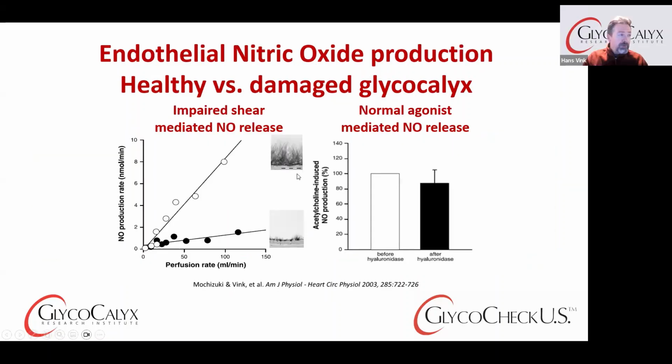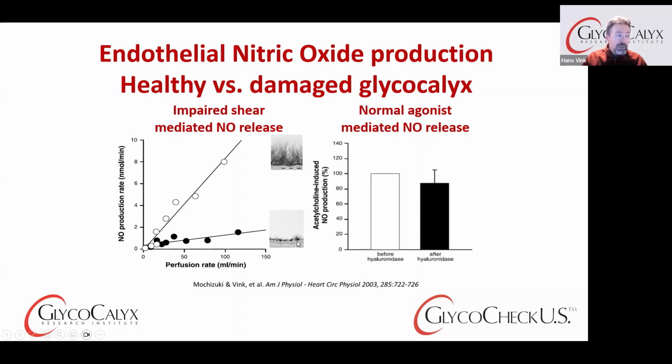A few examples: what happens to your nitric oxide production in response to shear stress when your glycocalyx is compromised. Here we show in the open circles in a large artery when blood flow increases and shear stresses increase, in the presence of a normal thick glycocalyx, there is a proportional increase in the levels of nitric oxide production by the endothelium.